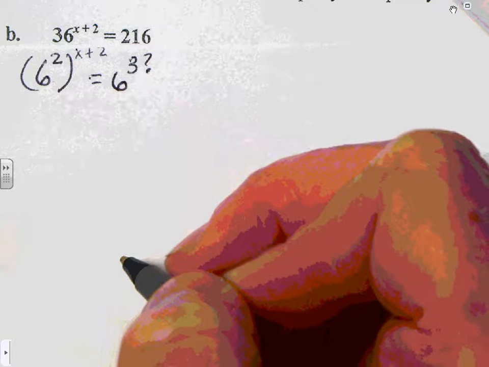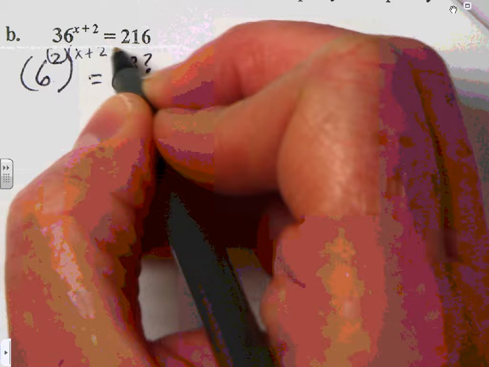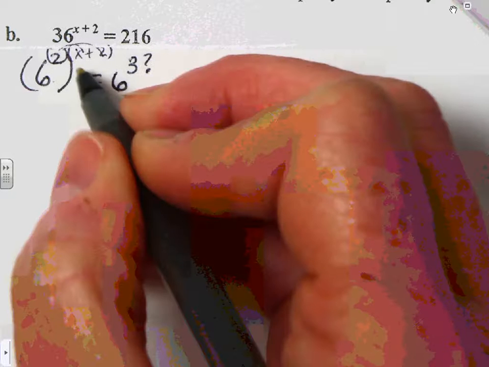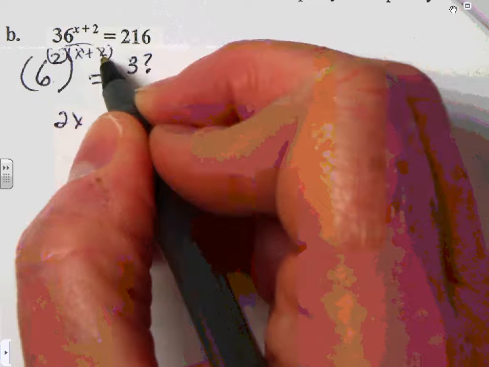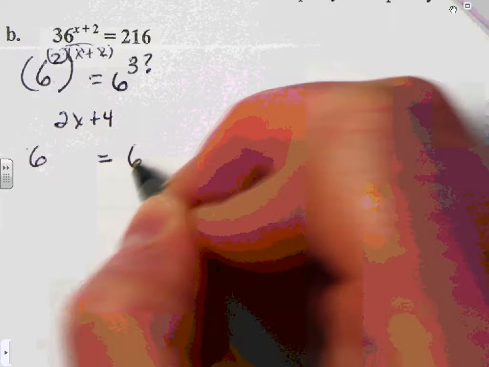Now, I have an exponent here. This exponent times this exponent, distributive property. So this is going to become a 2x plus a 4. So I now have 6 to the 2x plus 4 is the same as 6 to the 3.